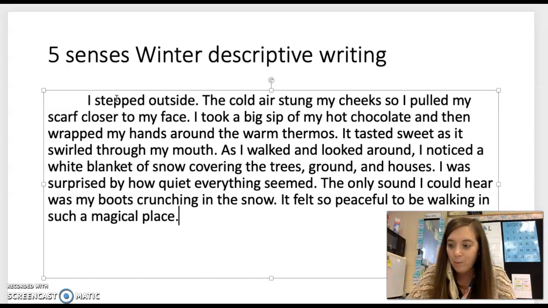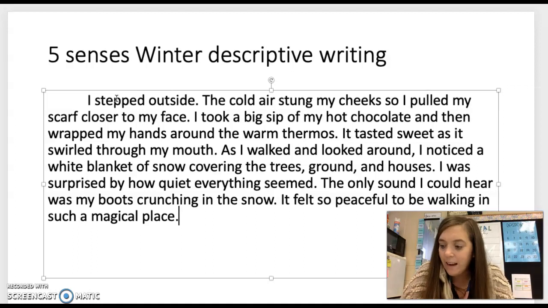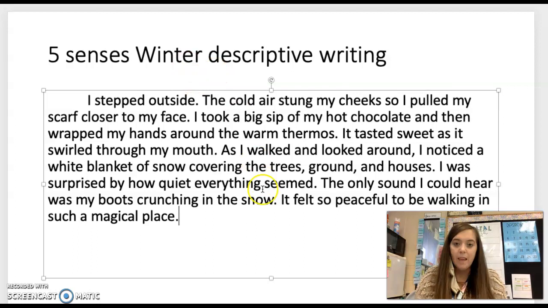So I'm going to look at my brainstorming because I did not include smell. And I've got to look back and see what I said that I could include in smell. And I said I could, the fresh air. So I'm going to go back here after I wrote, the only sound I could hear was my boots crunching in the snow.